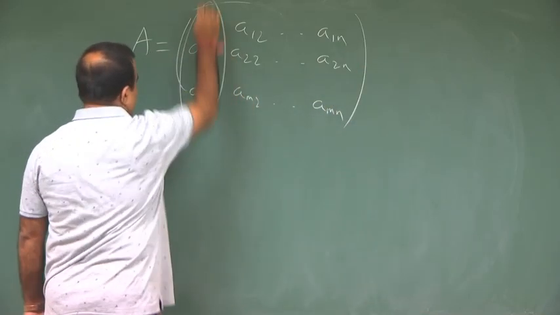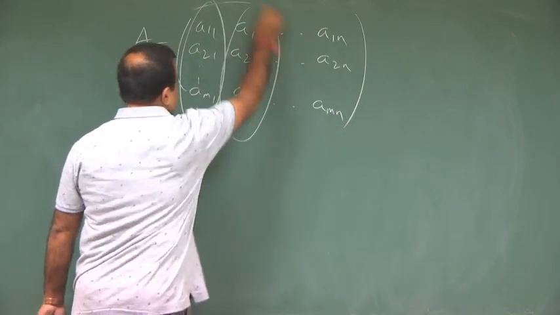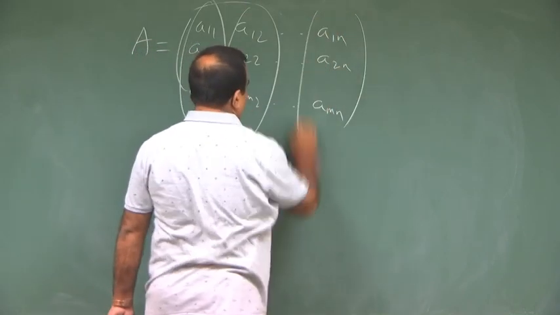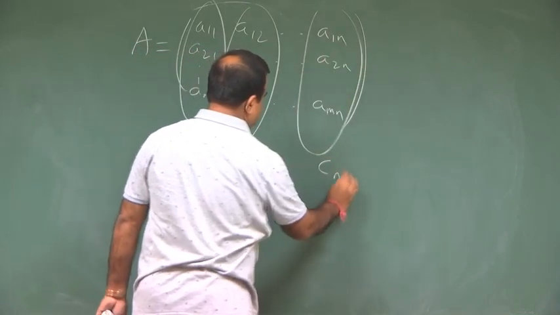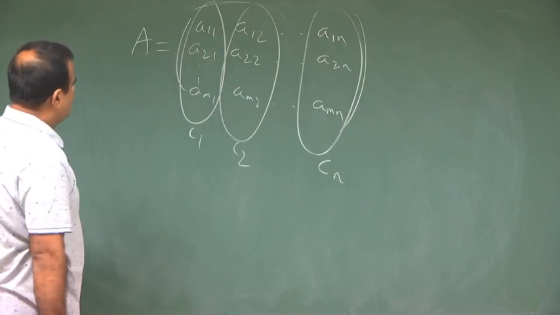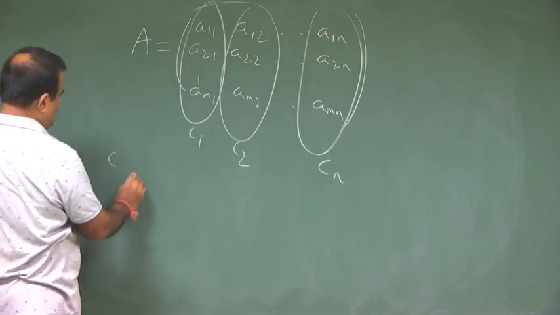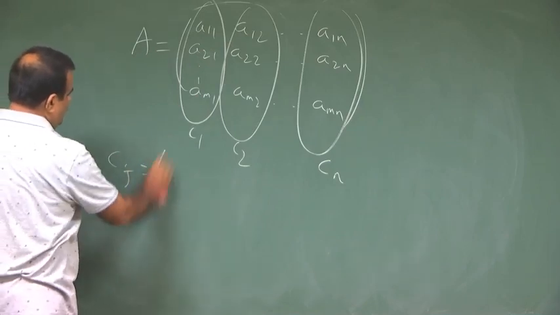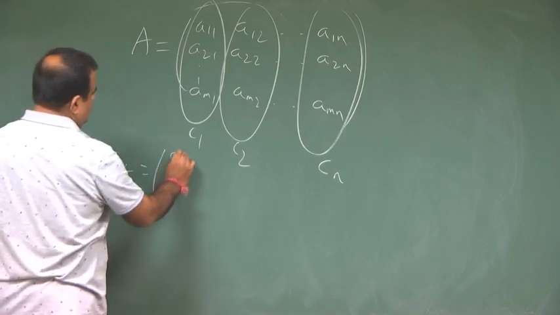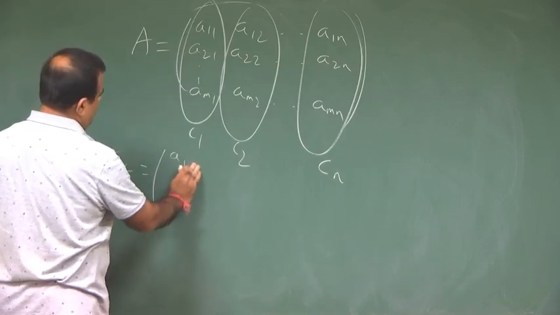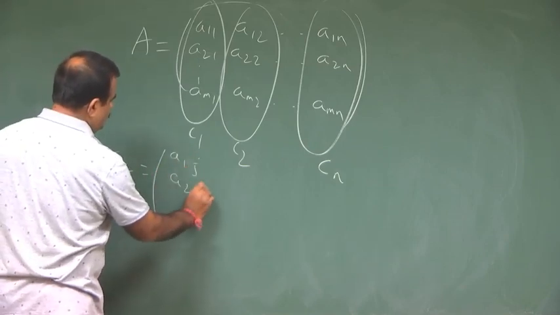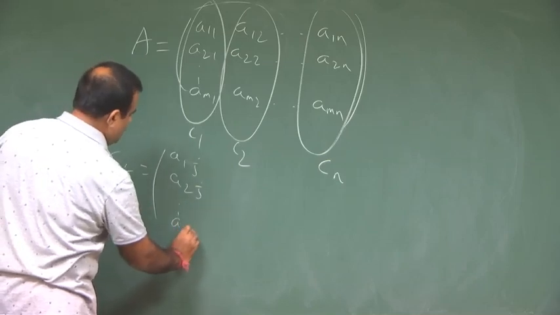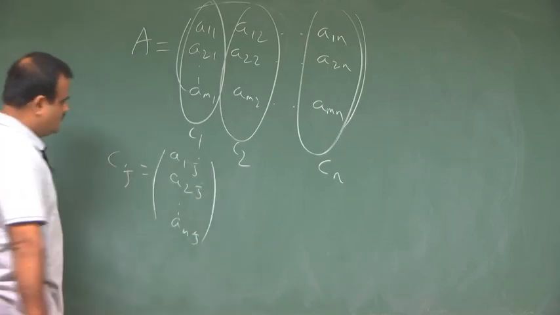Now, this is the first column, this is the second column, there are n columns, and the jth column C j is A 1 j, A 2 j up to A m j.